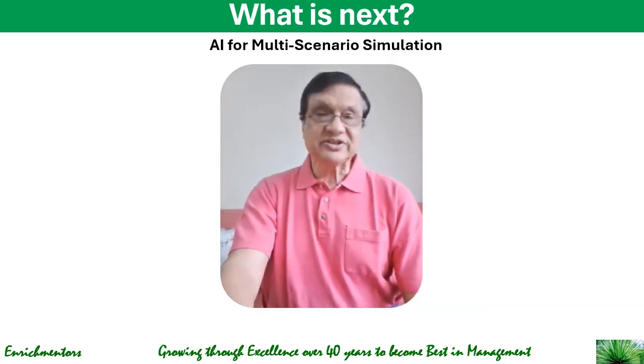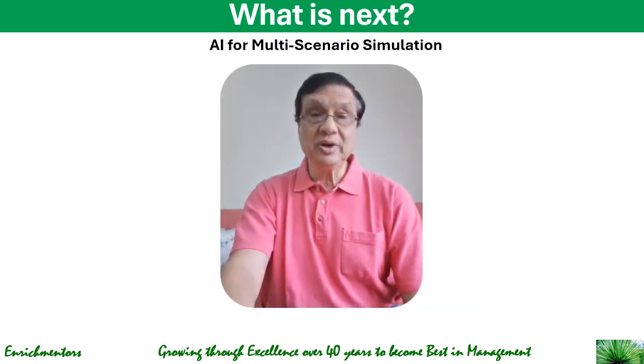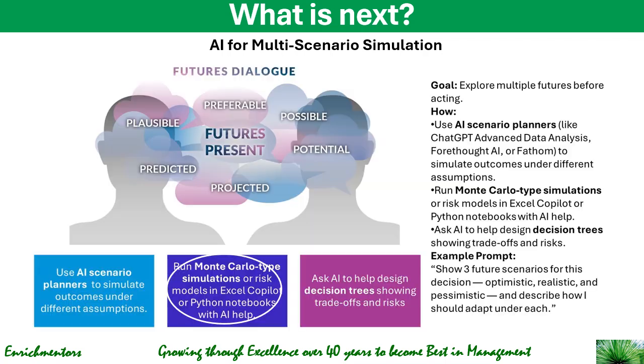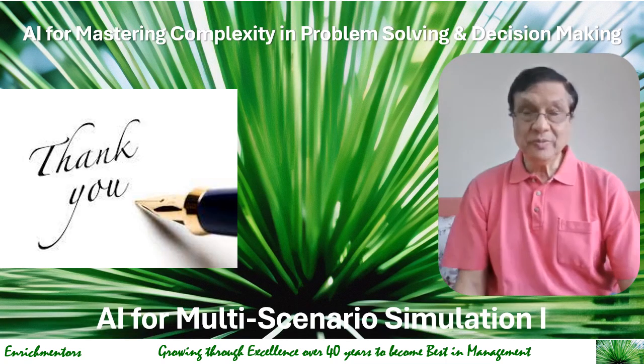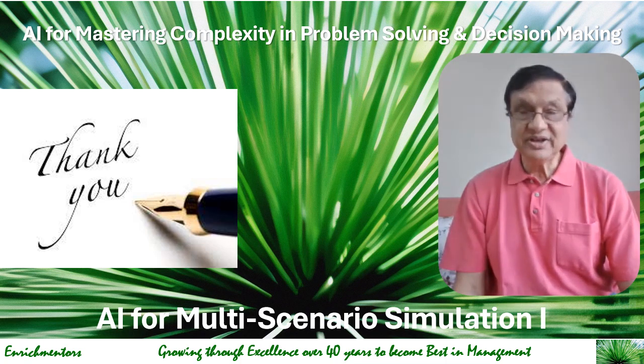So what do we do next? We continue to look at how to use AI for multiple scenario simulation, and we will now look in more detail at how to run Monte Carlo type simulations or risk models in Excel itself, Excel Copilot, or Python notebooks with AI.